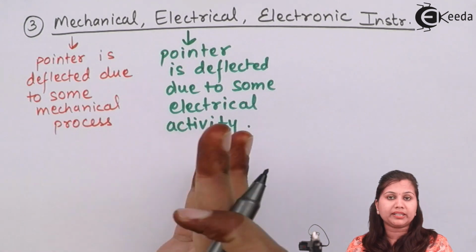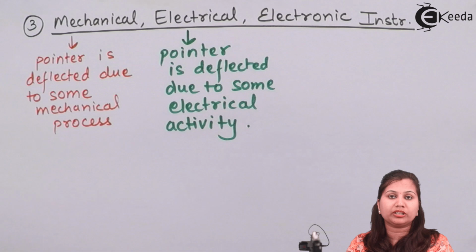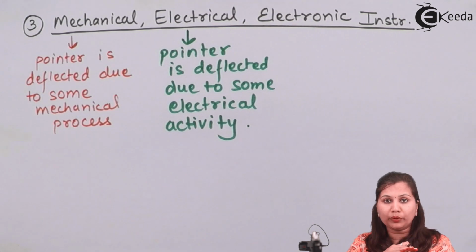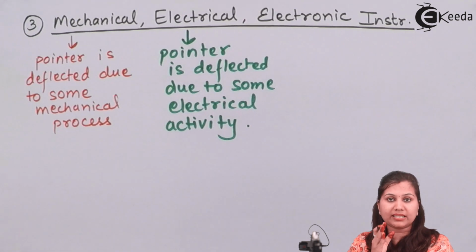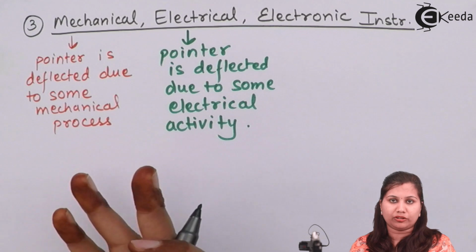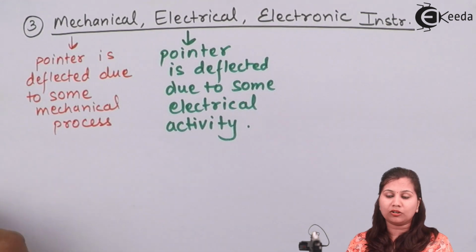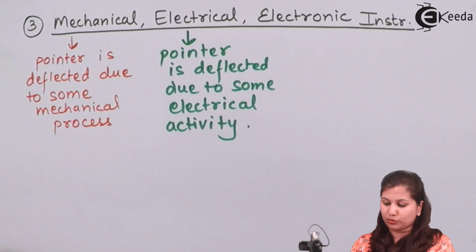So when a pointer is deflected due to some electrical activity, like when we are measuring the current through the ammeter, due to the current flowing through the ammeter, the pointer is deflected. These types of instruments are called electrical instruments. Ammeter, voltmeter, ohm meter, all these are electrical instruments.